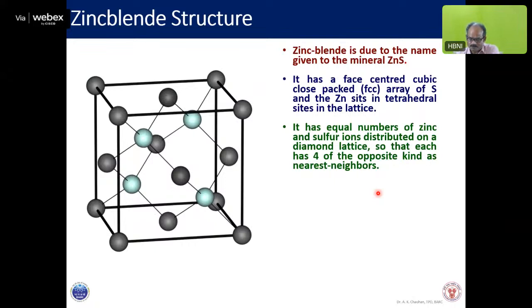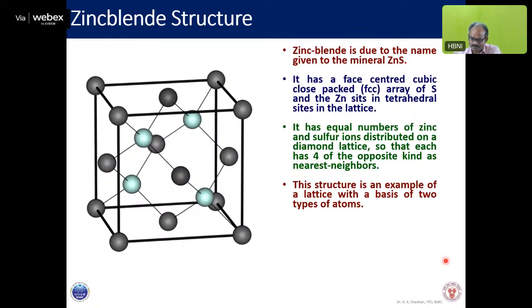So it has an equal number of zinc and sulfur ions distributed on a diamond lattice, so that each has 4 of the opposite kind as nearest neighbors. This structure is an example of a lattice with a basis of 2 types of atoms. In the diamond structure, the lattice had 1 type of atom, that was always silicon. So what are important materials which crystallize in this? It's gallium arsenide, gallium antimonide, indium arsenide, silver iodide, etc.